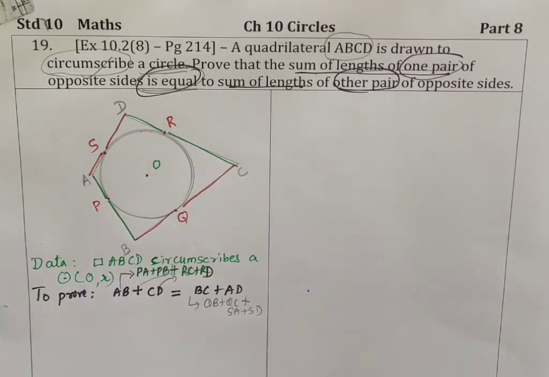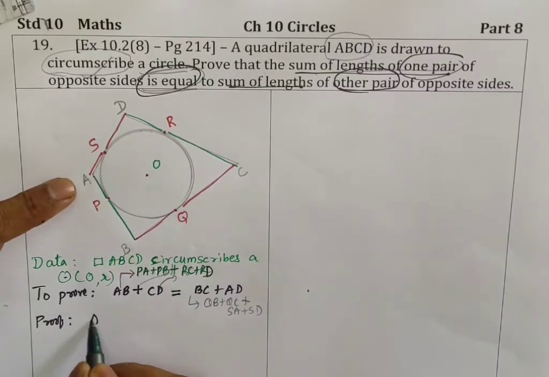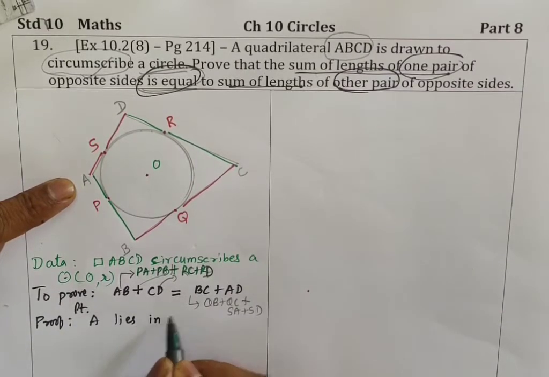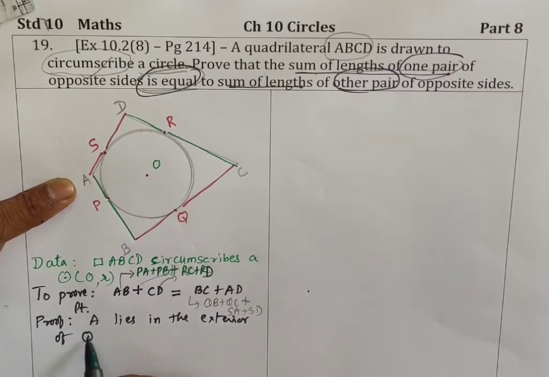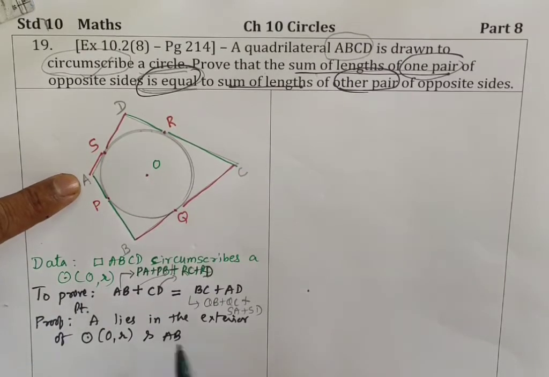Alright children, now let's start the proof. Point A lies in the exterior of a circle with center O and radius R, and AB and AD are its tangents.